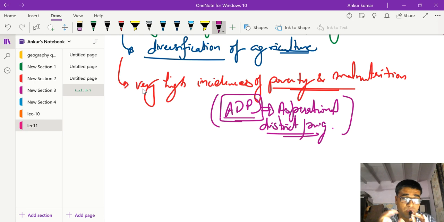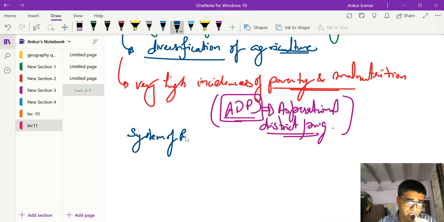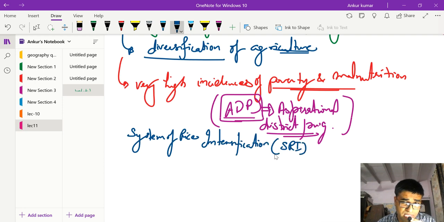The inputs have to be used very cautiously. For example, we have to use the system of rice intensification for rice cultivation. This kind of cultivation is called SRI cultivation in agriculture.